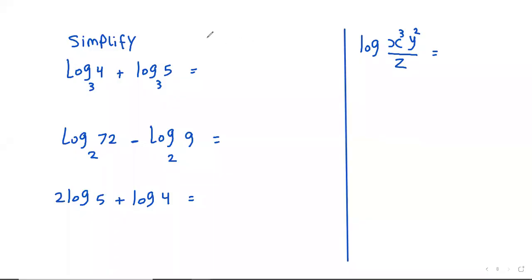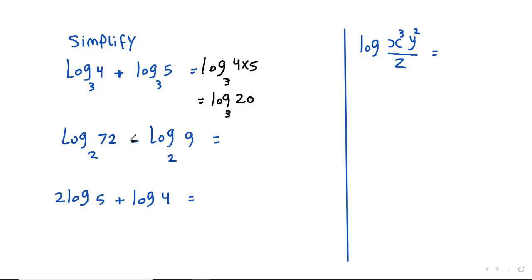Let's answer some questions about these rules. Simplify: log 4 in the base 3 plus log 5 in the base 3. So here is the multiplication rule. We can write them as log, and multiply 4 times 5 in the base 3. So it's log 20 in the base 3.